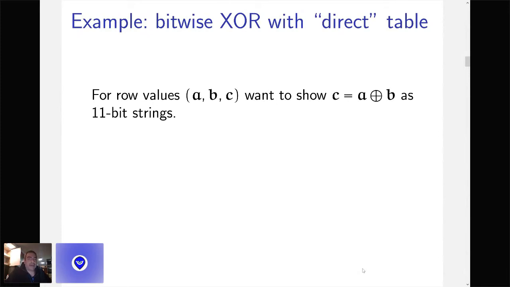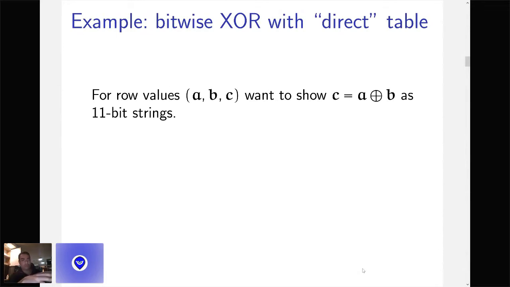So let's look at an example. A popular example is bitwise XOR. Bitwise XOR is a common operation in hash functions, and say for values A, B, C in my program, I want to check that C is the XOR of A and B. For a little bit of context, why is XOR a good example?